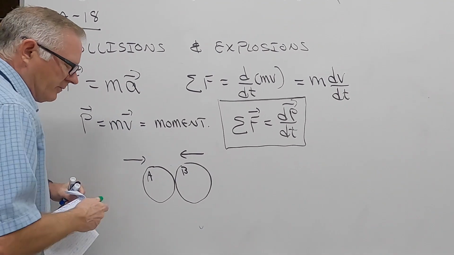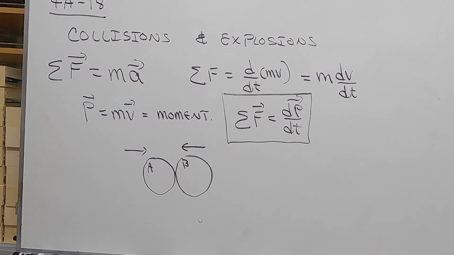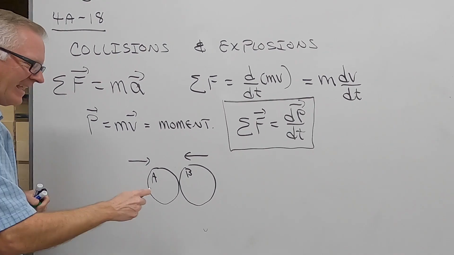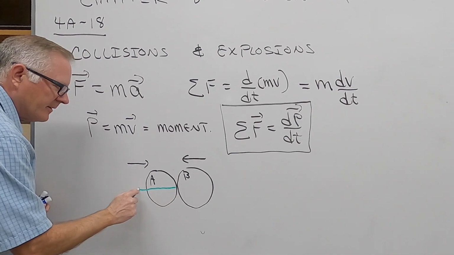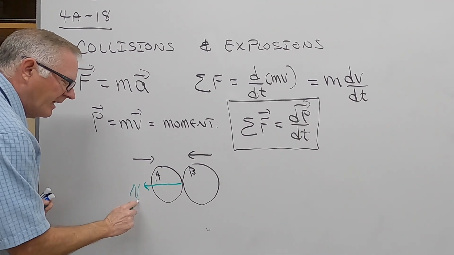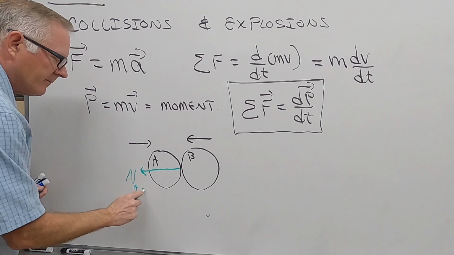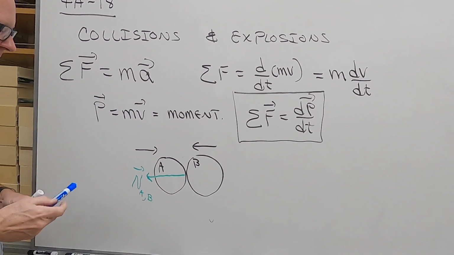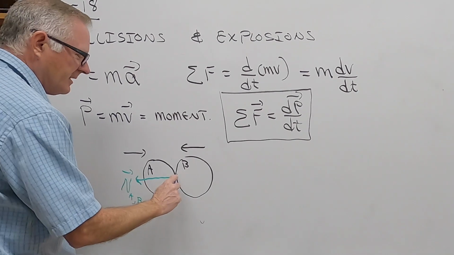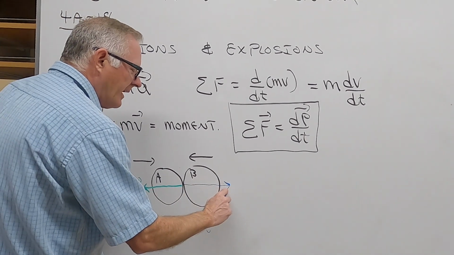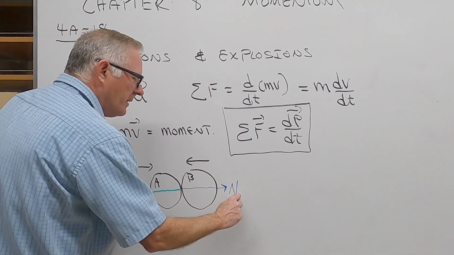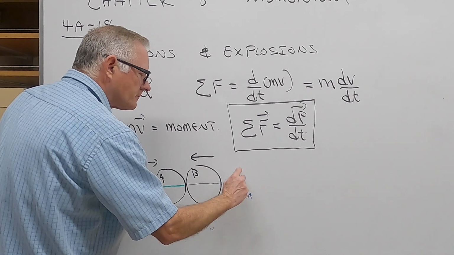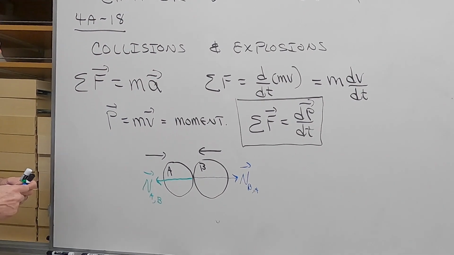You'll notice that we have a normal force on A due to B, which I'll call N_AB, the normal on A due to B. And we have an equal and opposite normal on B due to A, N_BA.